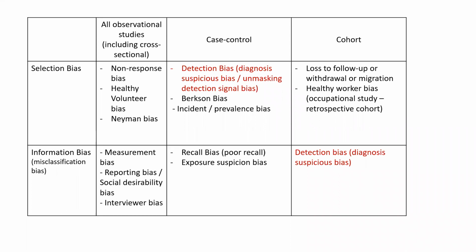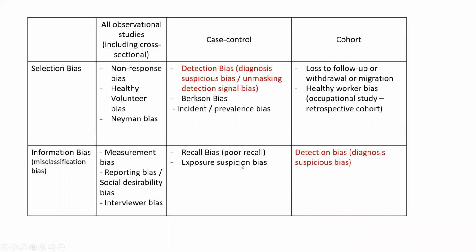But when we talk about poor recall, it could be across all your subjects. For example, with a diet questionnaire, they all don't remember what they ate last week. That's poor recall. It's different than recall bias.